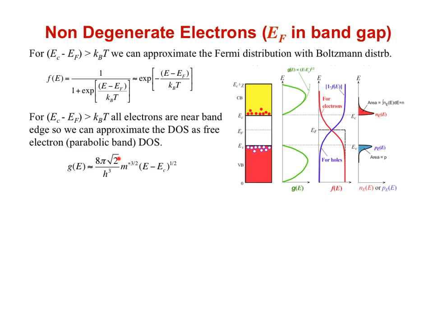Notice that here we have used the effective mass, not the actual mass of an electron, because the effective mass tells us the effective curvature of the band near the band edge. For a rough approximation of the number of electrons, shown here in red, we will approximate this with a rectangle.